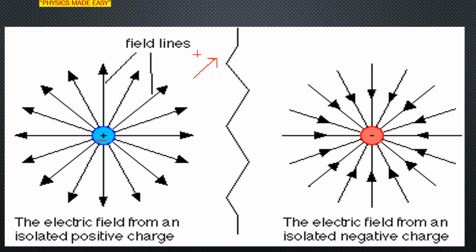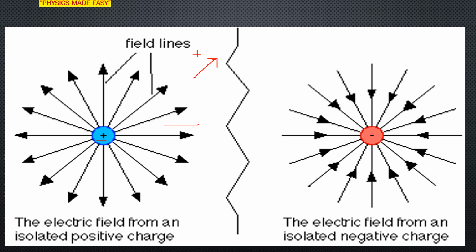So we can see from the figure there are a large number of arrows around a source charge. These arrows indicate the intensity of electric field of the source charge at the different points. The size of any arrow is proportional to the intensity of electric field at that point, while the direction of the arrow indicates the direction of the force on the unit positive test charge, or the direction of the electric field.